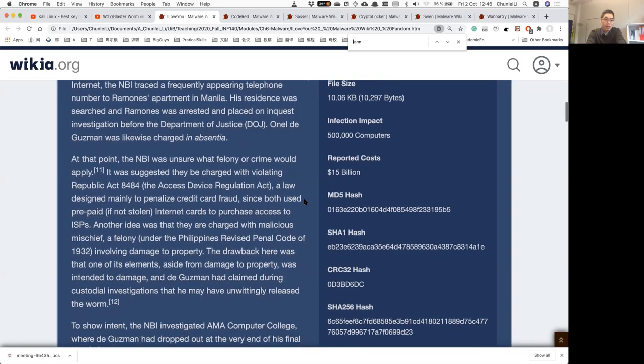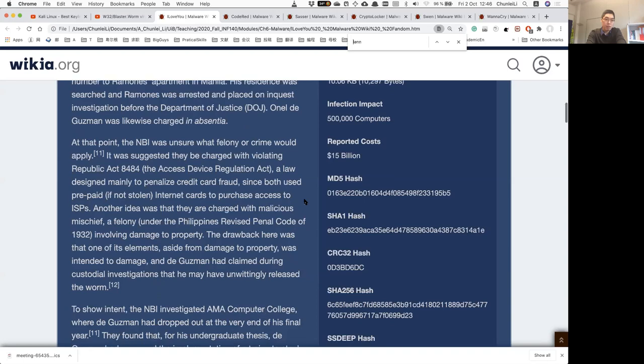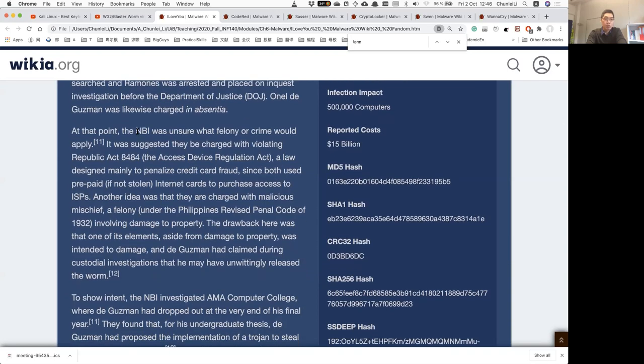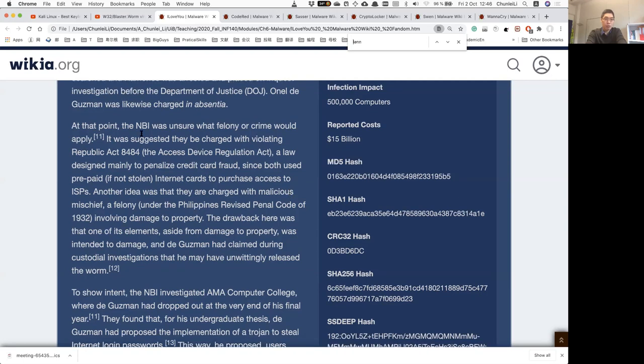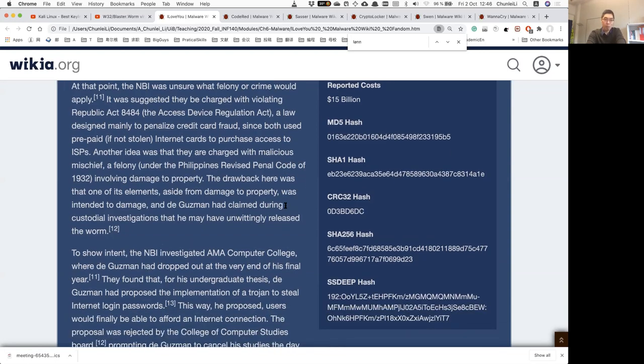But at that time, because it was 2000, the agency was not quite sure what kind of crime could apply to their case. It was suggested that they could be charged with violating Republic Act and some other, credit card fraud, because they tried to use credit cards and internet services to distribute their worm.